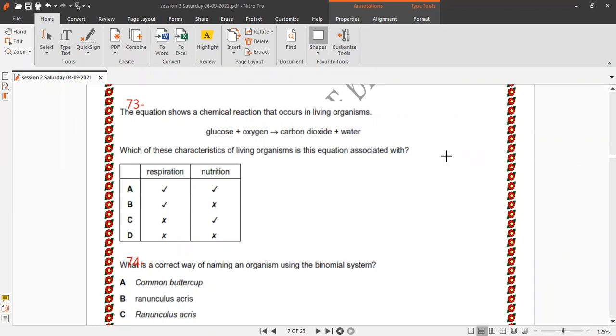Which of these characteristics of living organisms is this equation associated with? Respiration. Okay, B, because cells use glucose and oxygen in respiration. So the correct answer is B. But here there is no nutrition.